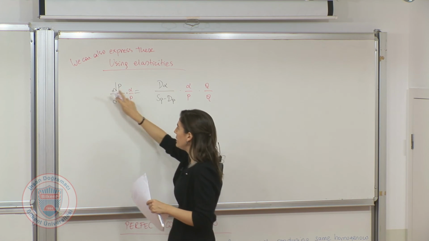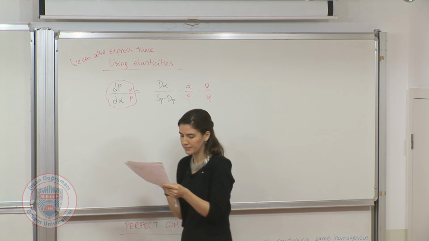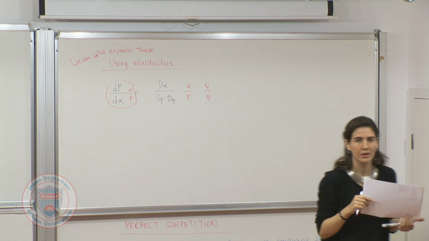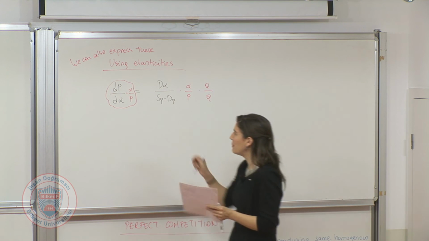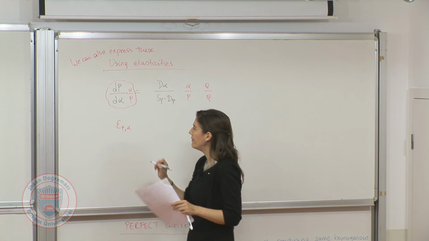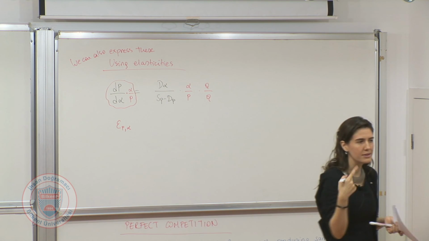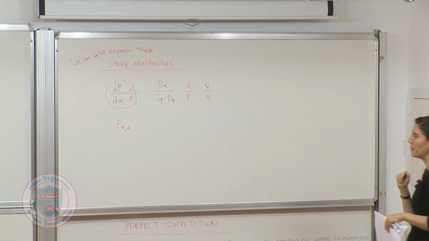Now, what is this? If you just look at this, we haven't defined it, but you see that this is the elasticity, so let's call it elasticity P alpha. Suppose there is a shift factor, how much would this affect our equilibrium price?